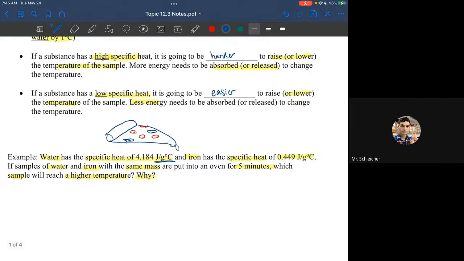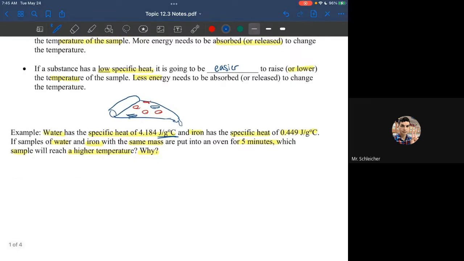All right, so it looks like water has a larger specific heat than iron. Iron seems to have a lower specific heat. So any guesses here? What do you think will reach a higher temperature first? What will be easier to change the temperature of? Probably the iron. If you think about the difference between heating up metals and water, it seems like metals always heat up much faster than water does. So in this case, that relationship holds.